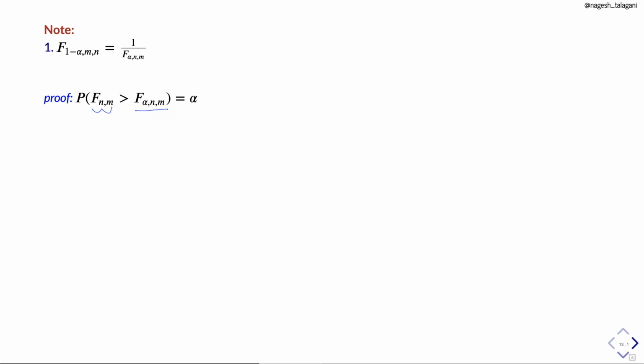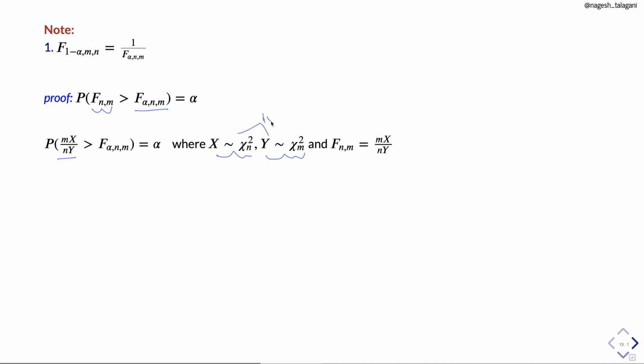So I can express F n,m like (mX)/(nY), where X is the chi-square random variable with n degrees of freedom, Y the chi-square random variable with m degrees of freedom. Of course, they are independent.